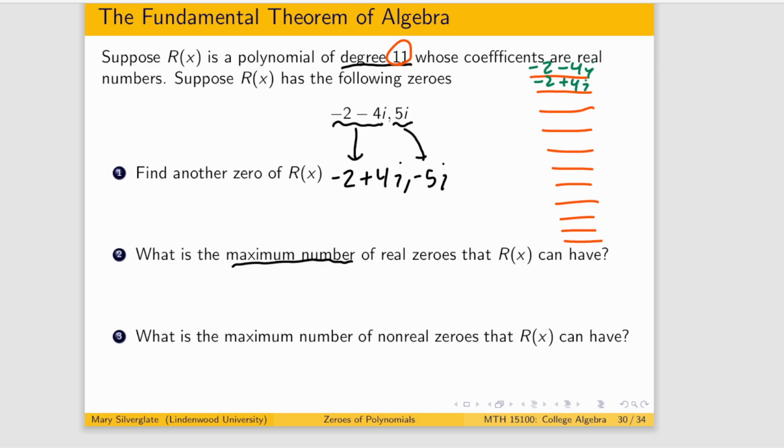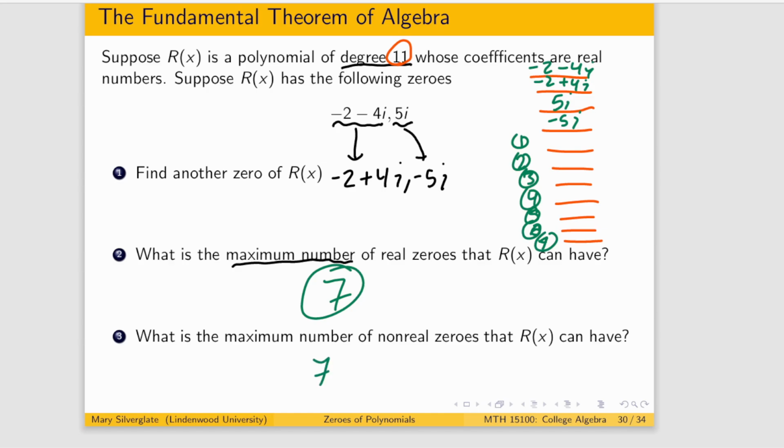We have 9 left. Then we also have 5i and negative 5i. Now we have 9 minus 2 is 7. So we've got 7 left. So we've still got 1, 2, 3, 4, 5, 6, 7 mystery spots. So I could have at most 7 remaining real zeros on this polynomial.